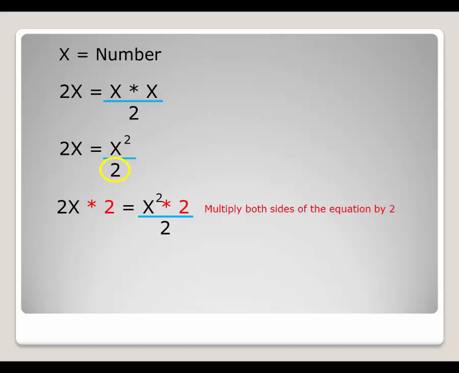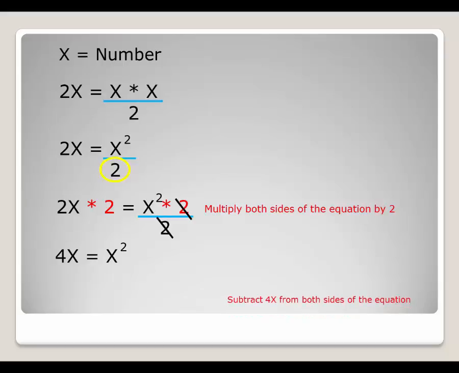From this we can cancel out these 2s in the numerator and the denominator on the right hand side, thus leaving 1. So what is left now on the right hand side is x squared times 1, which is equal to x squared. So the result of this problem becomes 4x equals x squared.